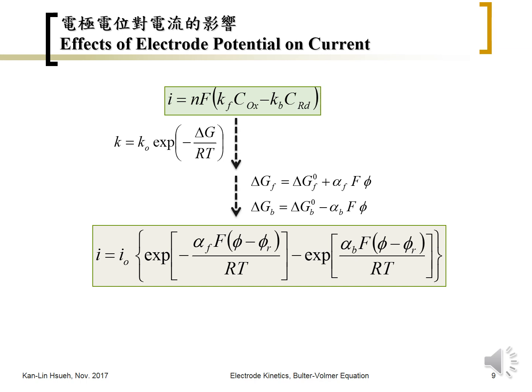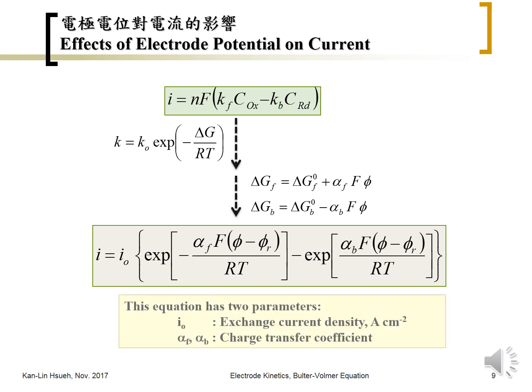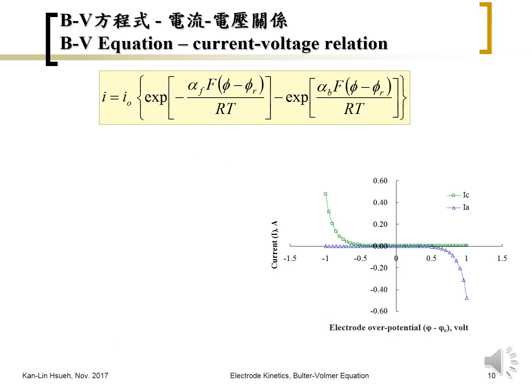Let's see the behavior of the current density as a function of electrode potential. Here, we plotted this BV equation. We plot the current density as a function of electrode overpotential over here, phi minus phi r.